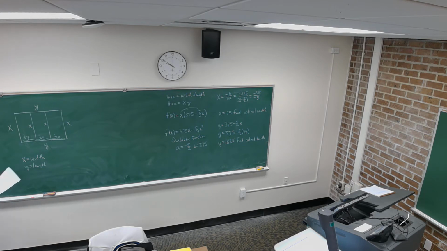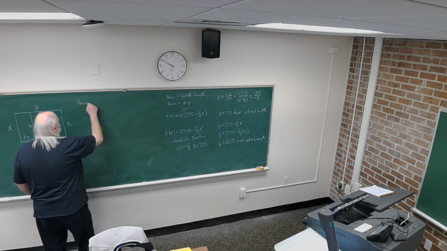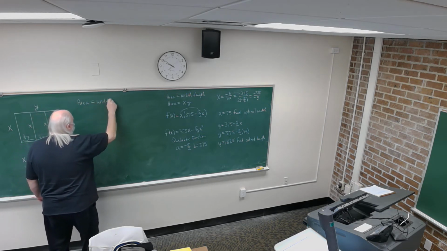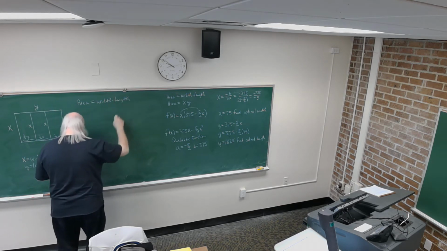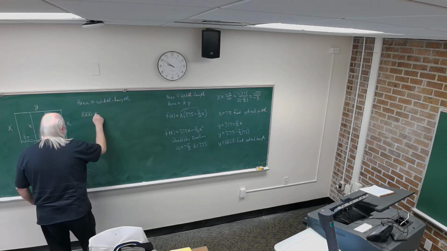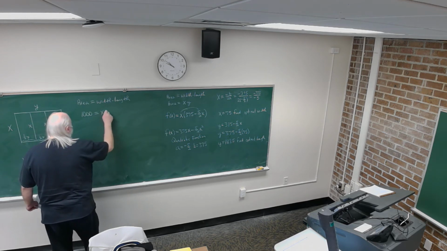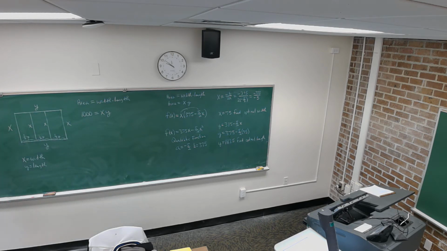All right. So again, the area of the rectangular piece of land is width times length. Well, the area is fixed at 1,000 square meters. And width is x and length is y.